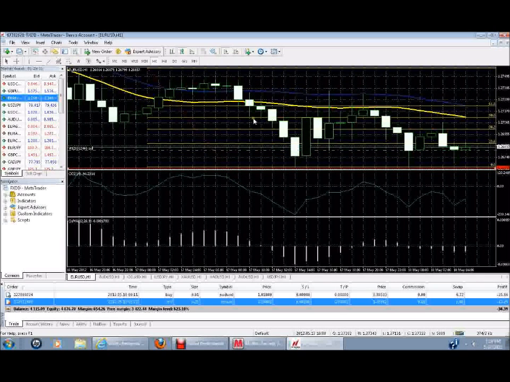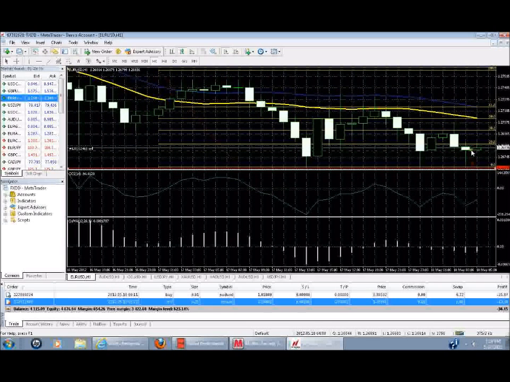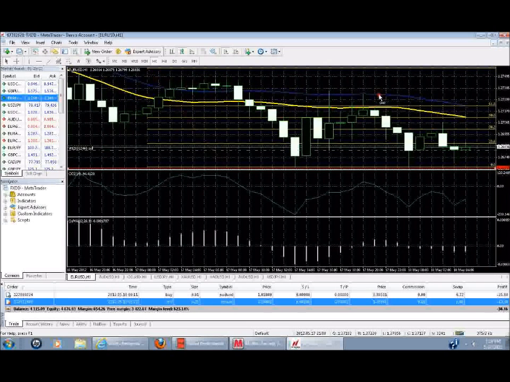Okay. What this is telling us is that there's more pressure for it to come down, because you have all this congestion up in this area. That's what the Fibonacci is telling us.